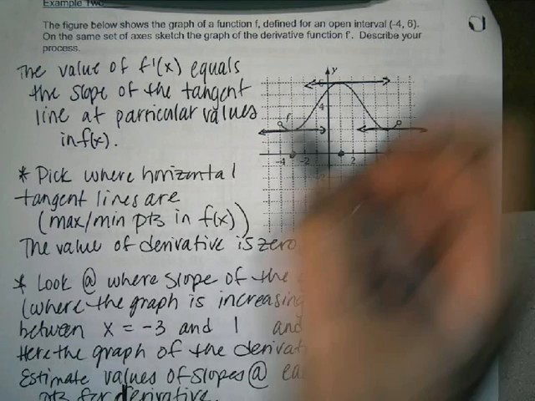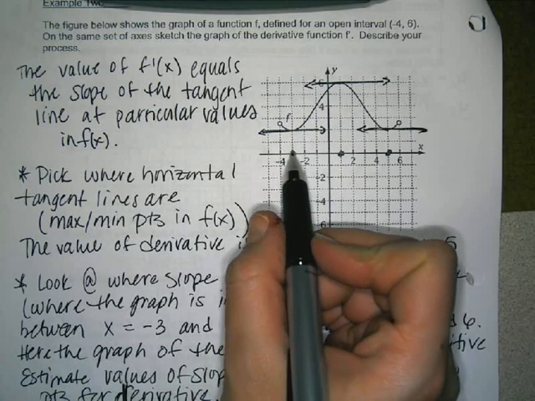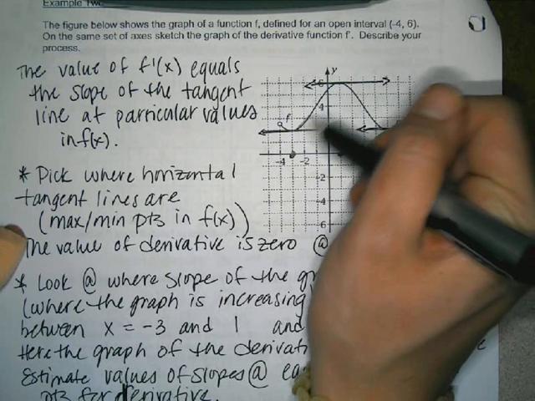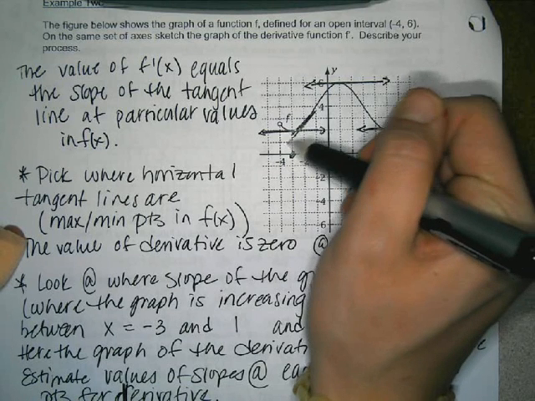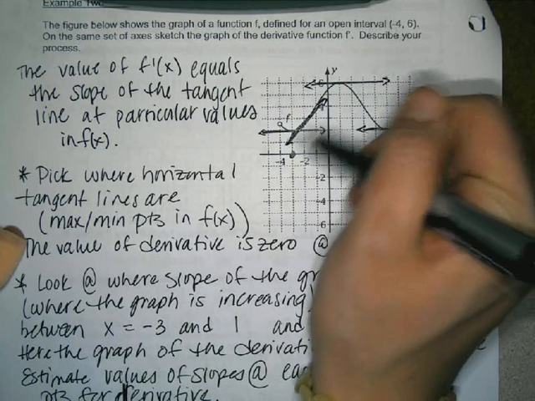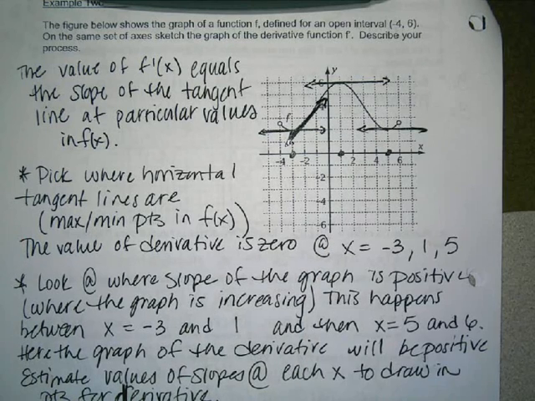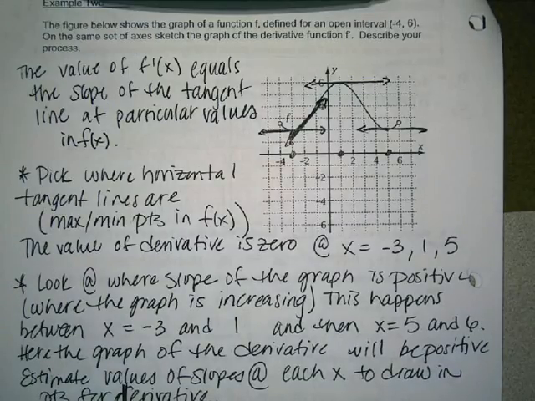We have the value of the derivative for -3. We're going to focus on the next piece here. Just go ahead and draw in, as best you can, a tangent line. We're going to estimate that slope. Now, this is going to be a rough sketch, but you'll see a pattern start to emerge, and then you can kind of go with that pattern instead of having to calculate each one separately.